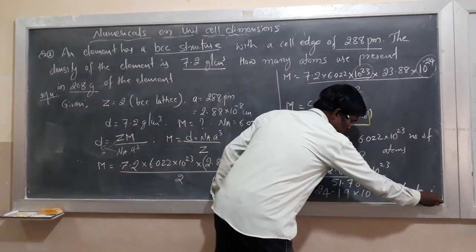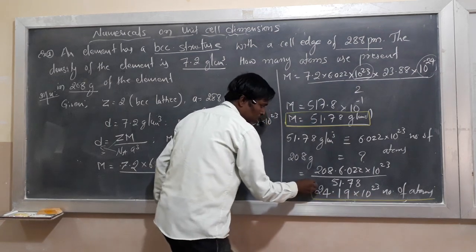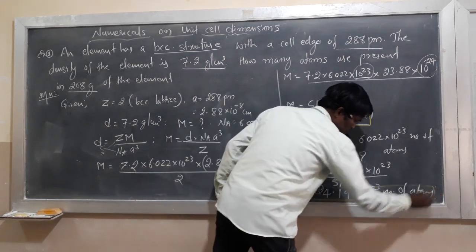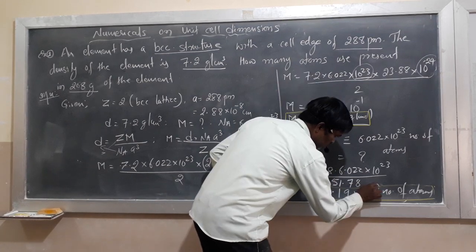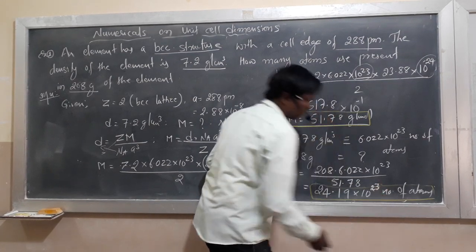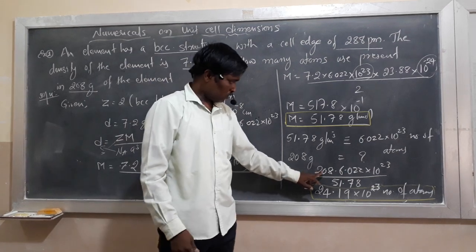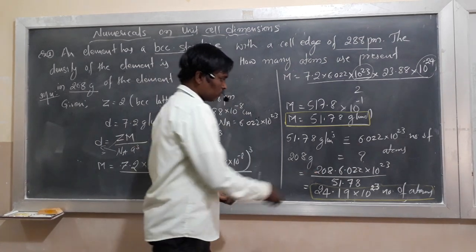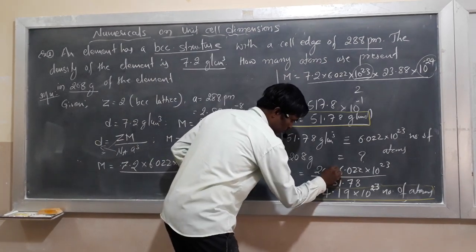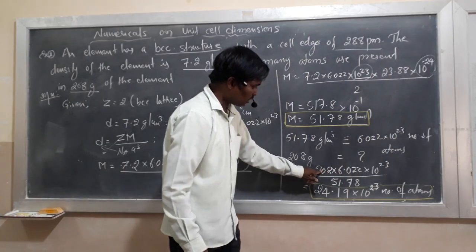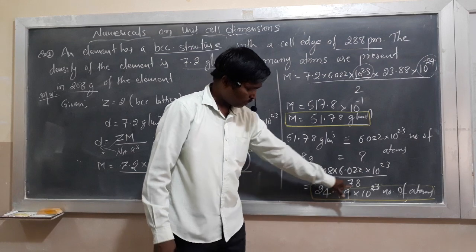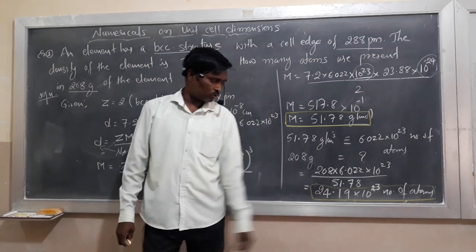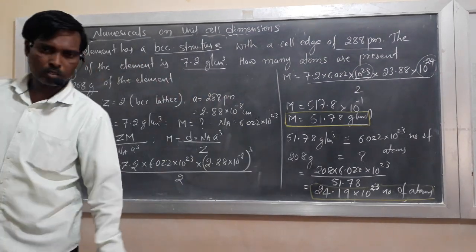So the total number of atoms present is 208 into 6.022 divided by 51.78, and you will get the answer as 24.19 into 10 raised to 23. Okay, that is the total number of atoms.